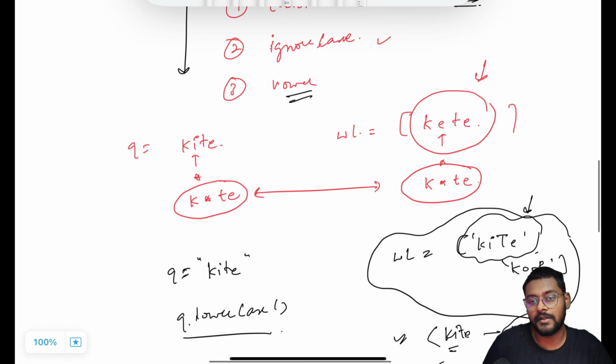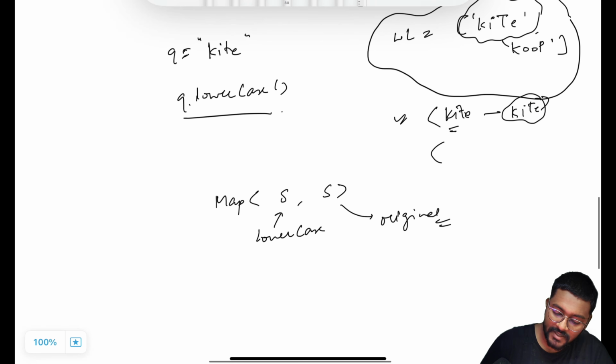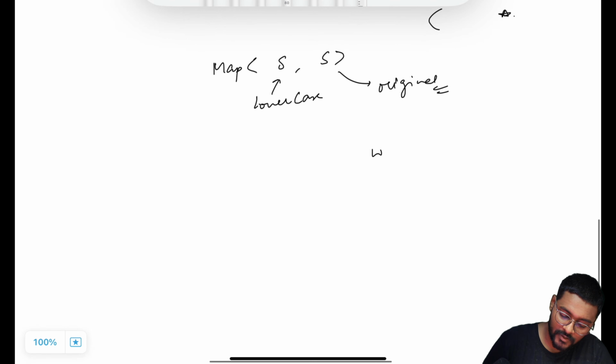The third one is that vowels can be replaced. If vowels can be replaced, I'm going to replace them in such a way that both are the same. If it is I, if it is E, I will replace it with a star. Let's say I have replaced every vowel to star for every single word in the word list. So let's say the word list has K-I-T-E.